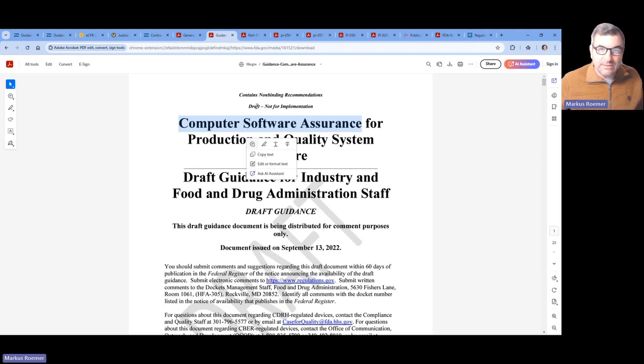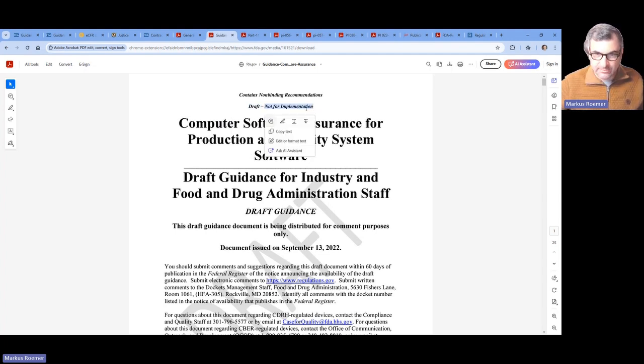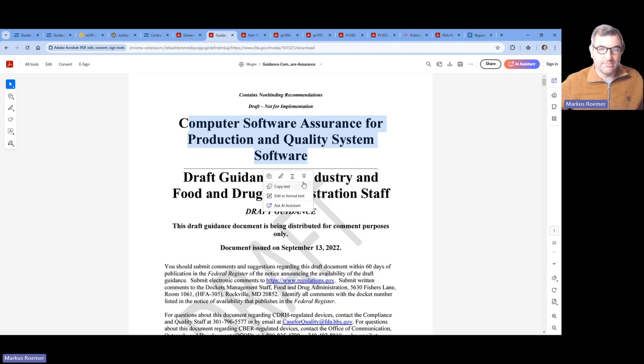Here you also see that this is a draft version. I don't know why people get so crazy about a draft version. I would even guess that this will never get a final version. So draft, not for implementation. That's not what I'm saying, it's what is written in the document from the US-FDA: Computer Software Assurance for Production Quality Systems.